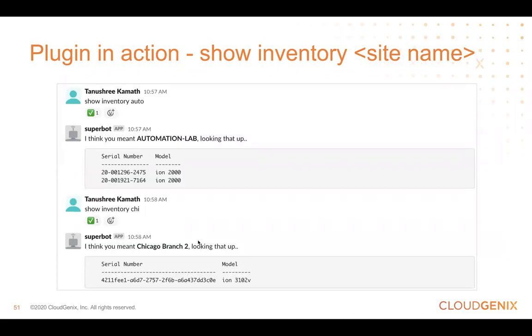If I'm interested in inventory at a particular site, again, I just say show inventory auto, and it recognizes that I meant automation lab, and it displays the different devices that are allocated at this site. Same for Chicago branch as well.